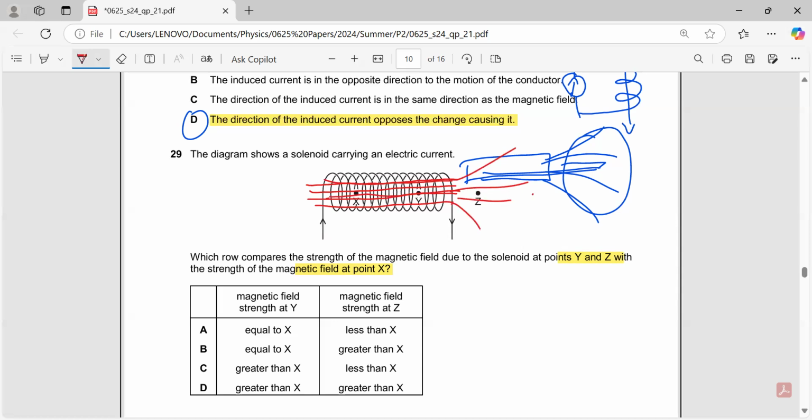Okay. So outside the solenoid, the field lines are further apart from each other. So the magnetic field is not stronger here.